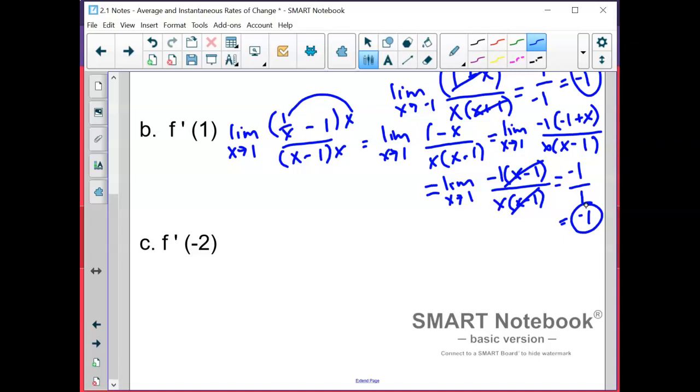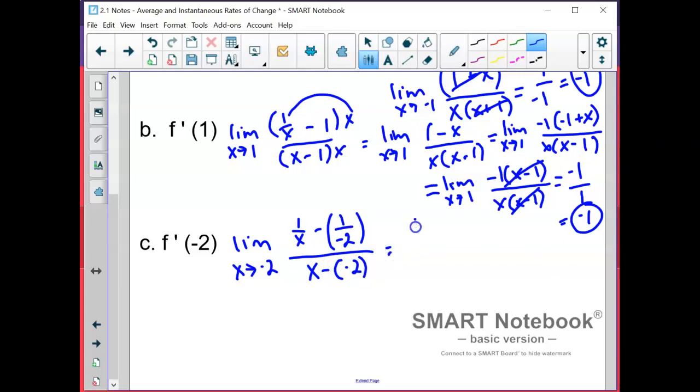Our last thing that they ask us to do is to find f prime of negative 2. So we're doing the same problem over again, but we've got to use that negative 2. So we're going to have the limit as x approaches negative 2 of f of x, which is 1 over x, minus f of negative 2, which is going to be 1 over negative 2 here, over x minus negative 2.